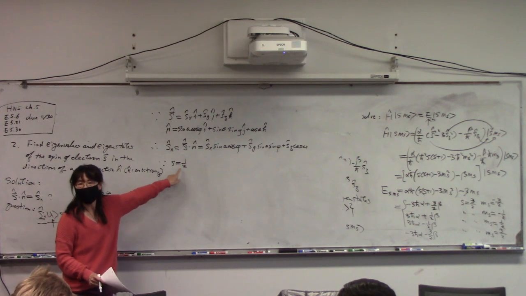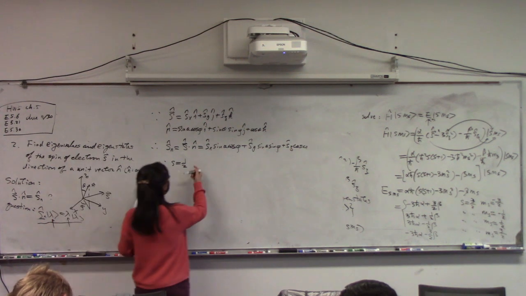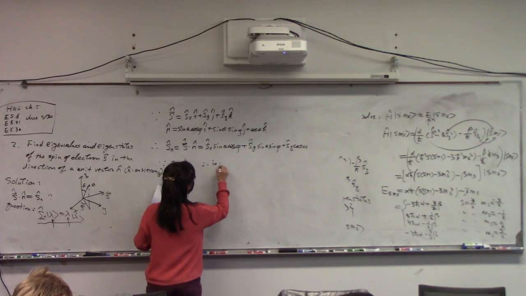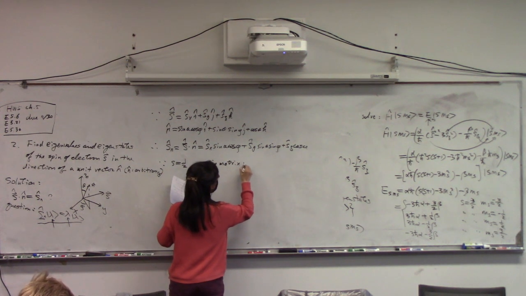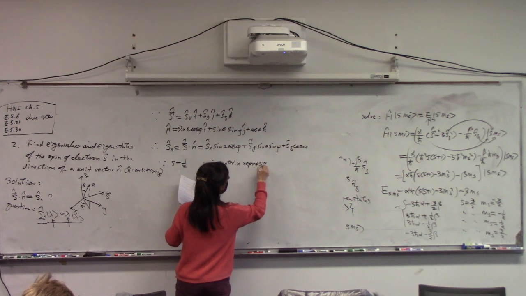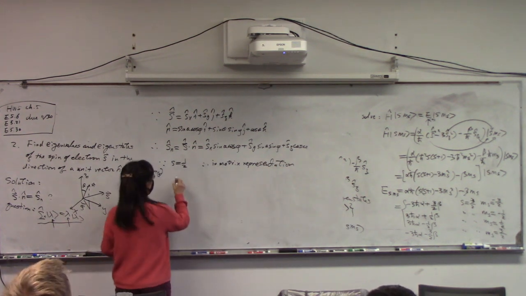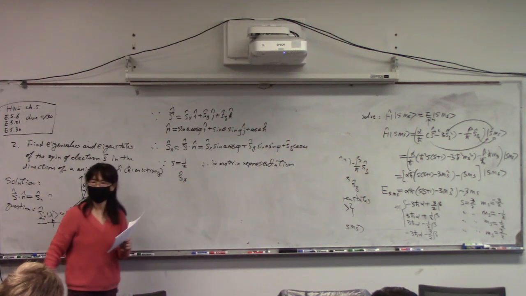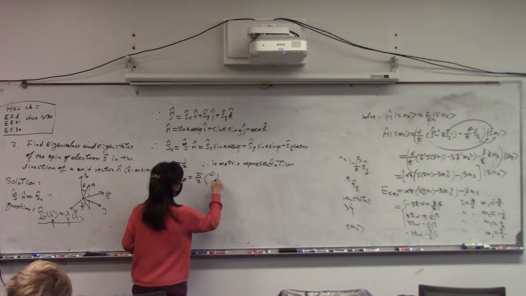So just remember electron spin is half. So in the matrix representation we discussed before, we are going to use the matrix representation to solve this eigenvalue problem. Sx is half h bar times the matrix 0, 1, 1, 0, right?